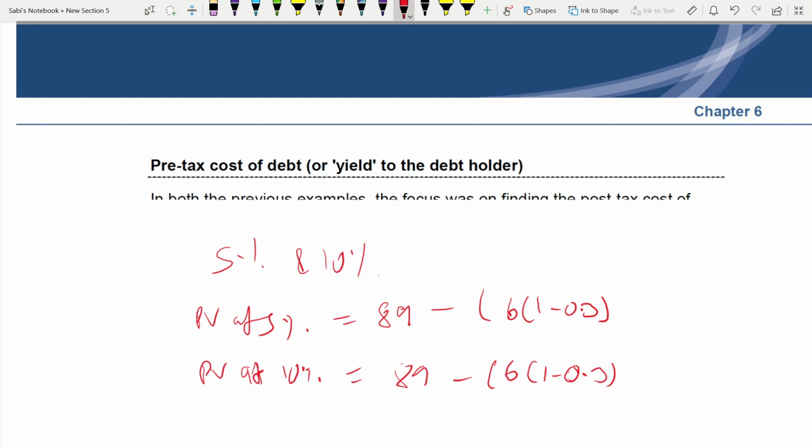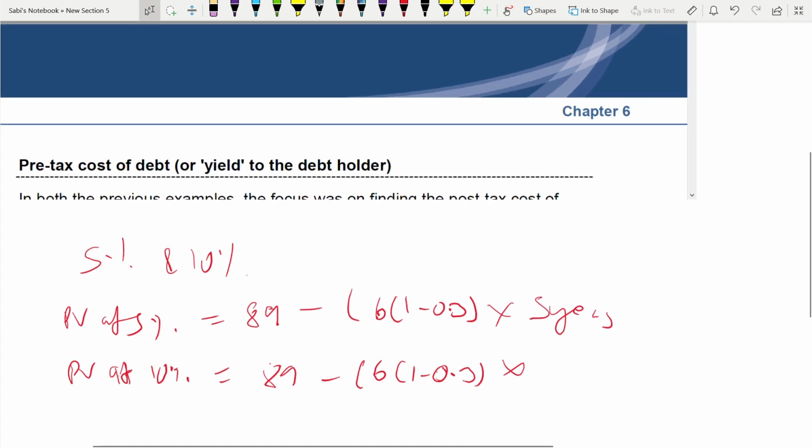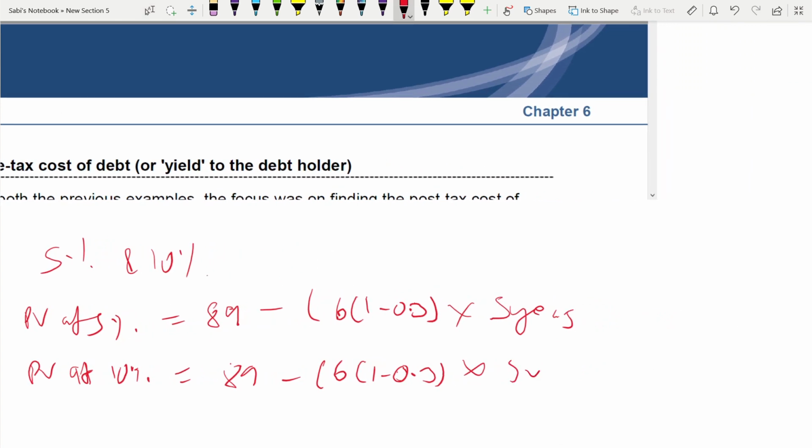Into, for both, 5-year, 5% annuity factor. This is for 5 years because all the 5 years you have to pay interest, isn't it? So interest every year is the same. That means you can use the 5-year annuity factor.